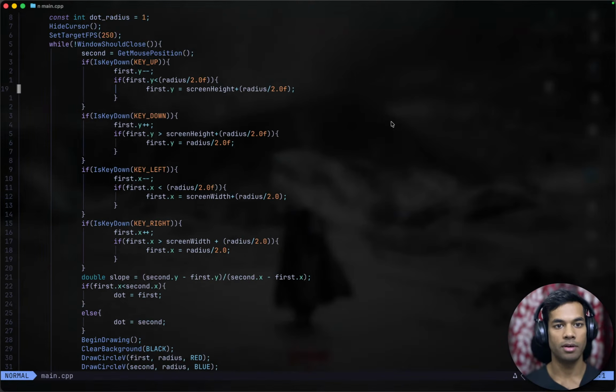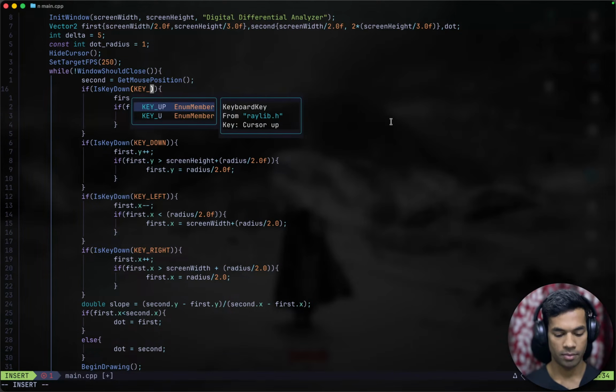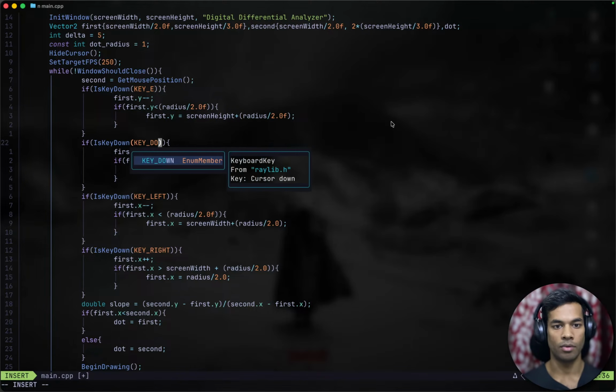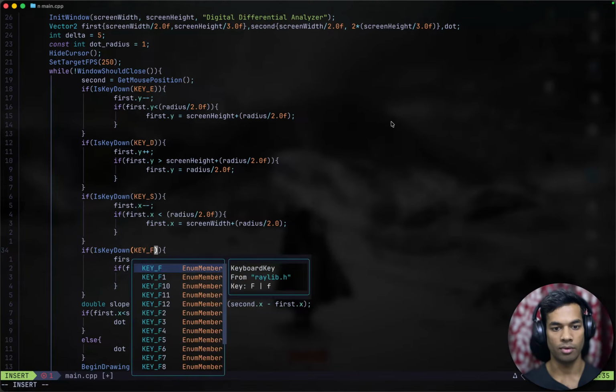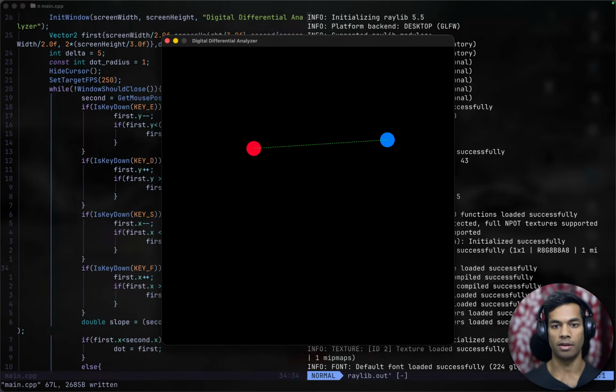To go up, we will use W. No, we will use E. And to go down, we will use B. And to go left, we will use S. And to go right, we will use right. That is like much better. I don't have to move my hand.